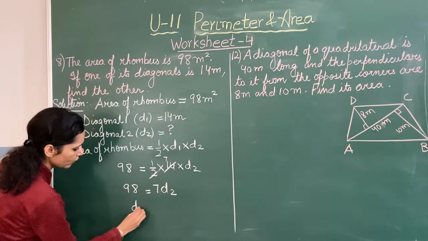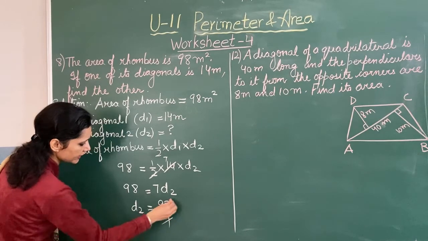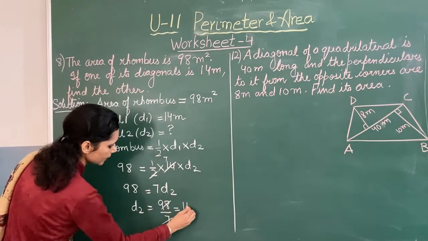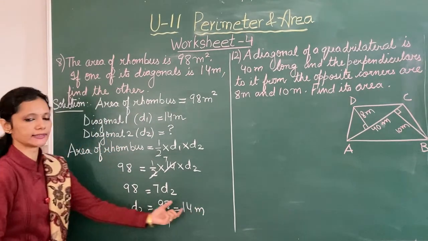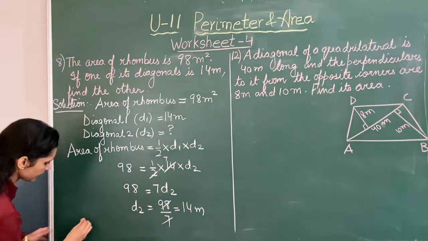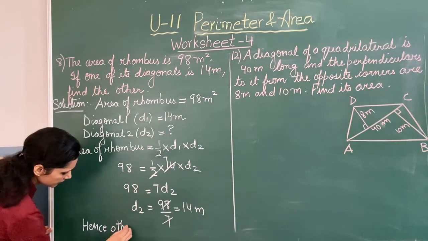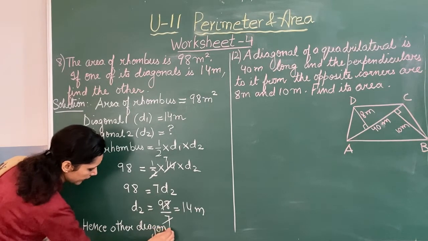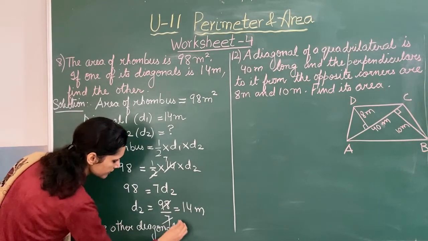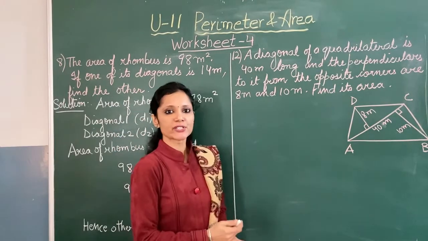So the value of D2 would be 98 divided by 7, that is equal to 14 meters. So the other diagonal is 14 meters. Hence, the other diagonal is 14 meters.